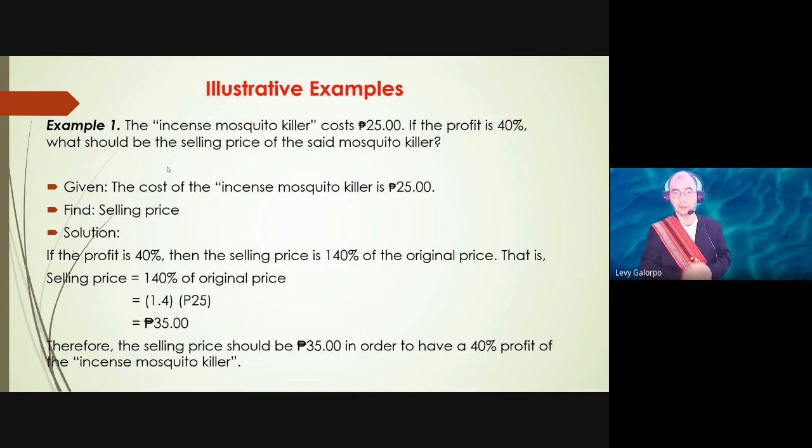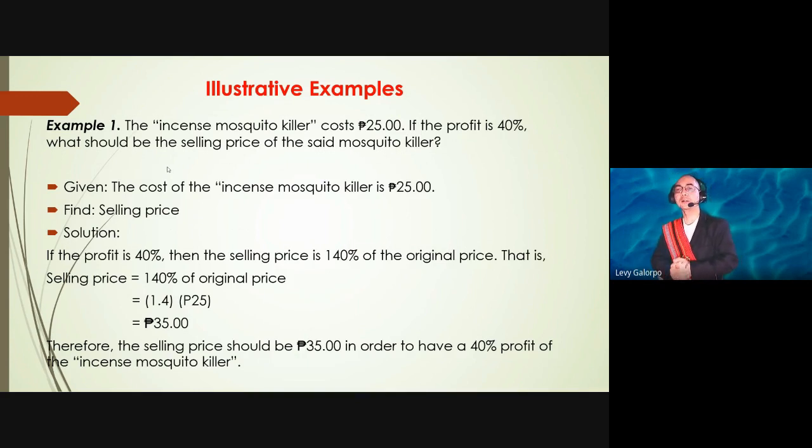Long cut yon. Okay? Yung shortcut, ito na. If the profit is 40%, then the selling price is 140% of the original price. Paano natin nakuha? Siyempre, multiply nyo lang yung 25 pesos sa 140%. Ayan, shortcut na yon. Kasi lumalabas dito yung cost na 25 pesos ay 100%.